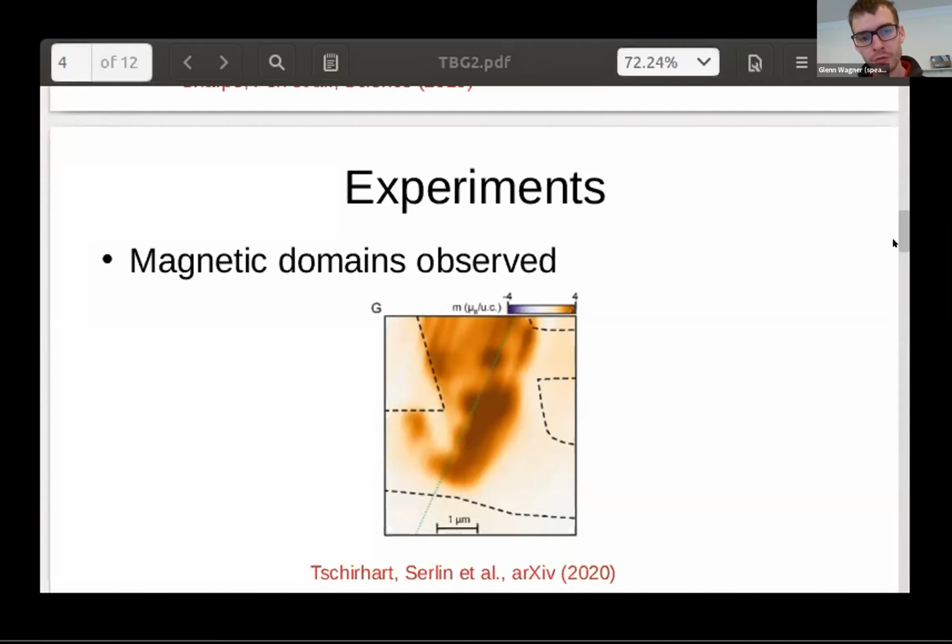Okay, so first to the spatial resolution. We find that these domain walls have a spatial width on the order of 1 Moire unit cell, so something like 14 nanometers, something like that.